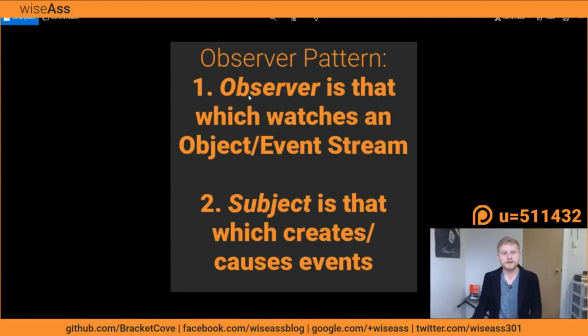Those definitions: there is an observer, which is something that just watches, like an object or an event stream, and an object or an event stream, essentially what those are is they are subjects. A subject is that which creates or causes events.